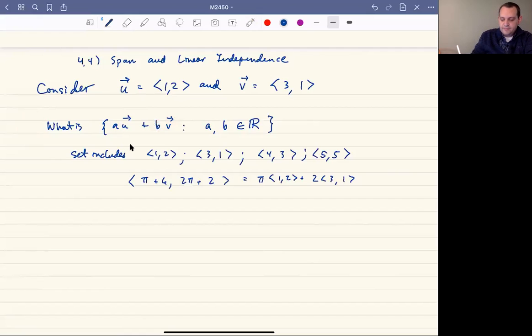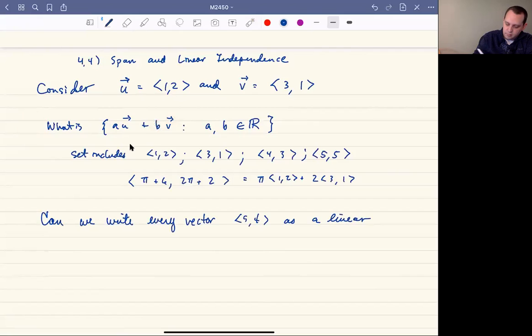That's what we're after. Okay, so can we write every vector, let's call the vector (s, t), so can we write every vector (s, t) as a linear combination of u and v?